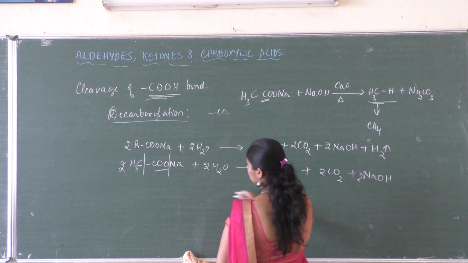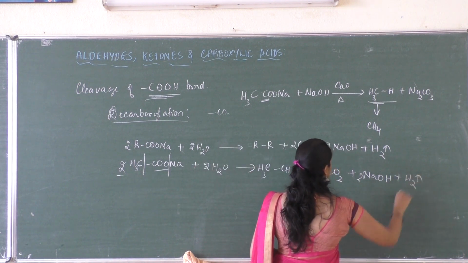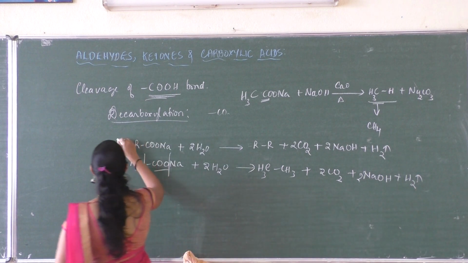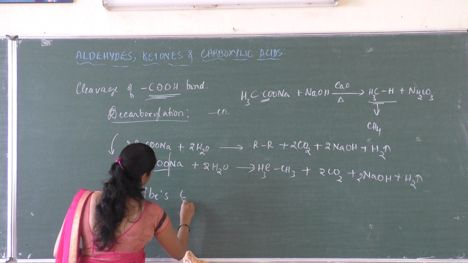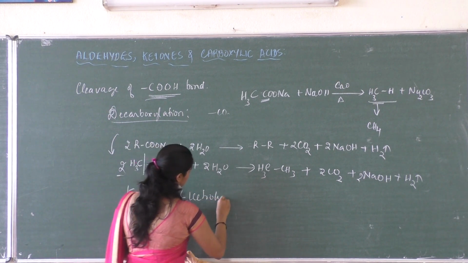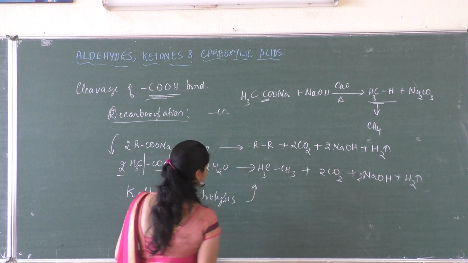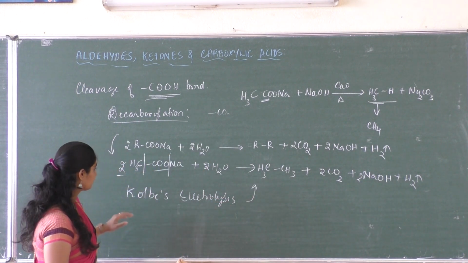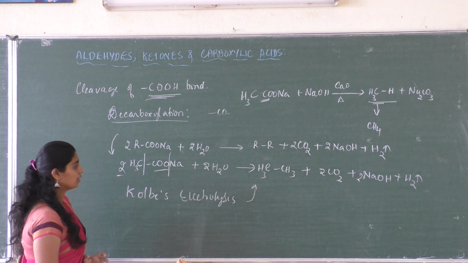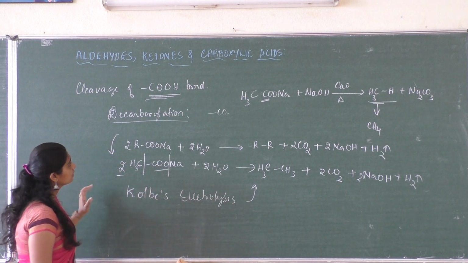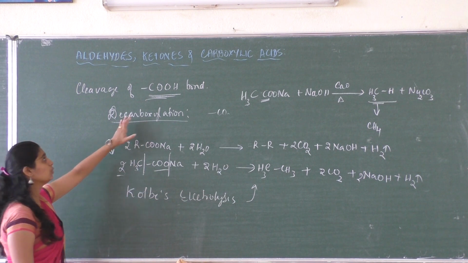So you have 2 sodium hydroxide plus H2 gas. So this is Kolbe electrolysis, where we are going to get higher alkanes. Here from methyl, you are going to get ethane as a compound. So this is about the two reactions which involve the cleavage of the COOH group.